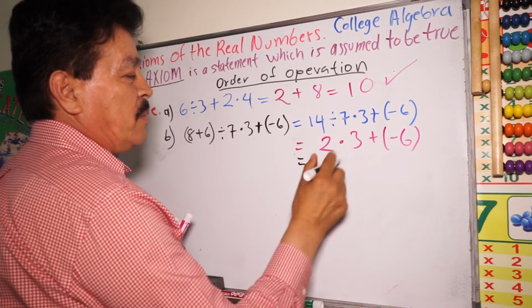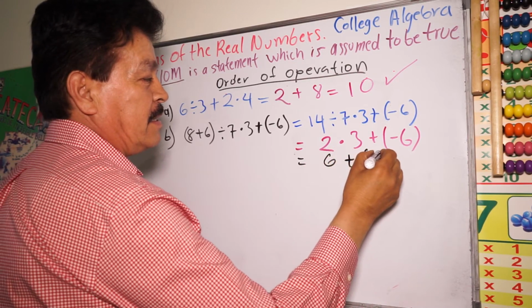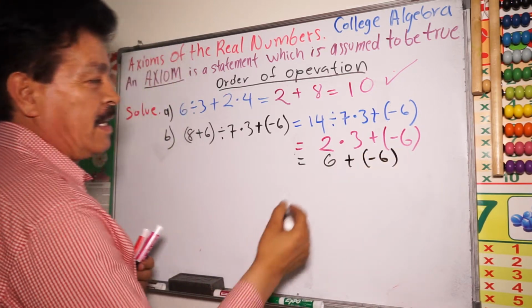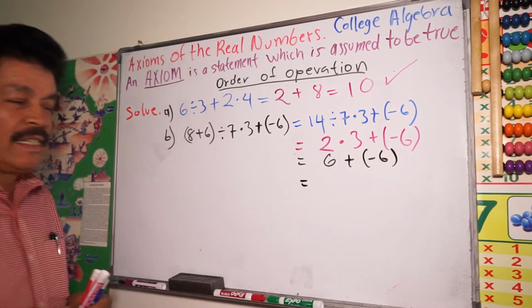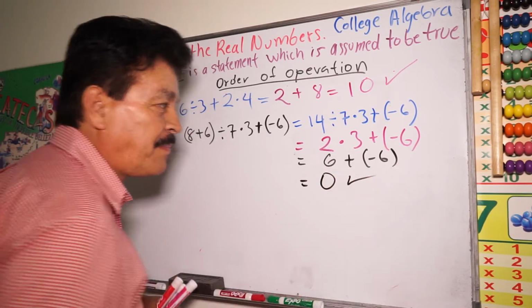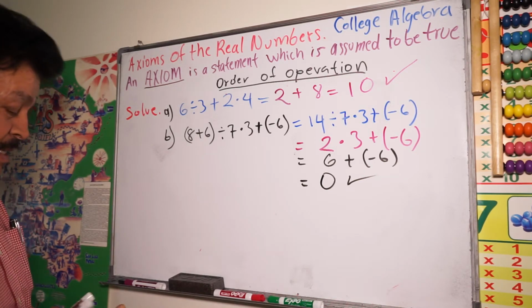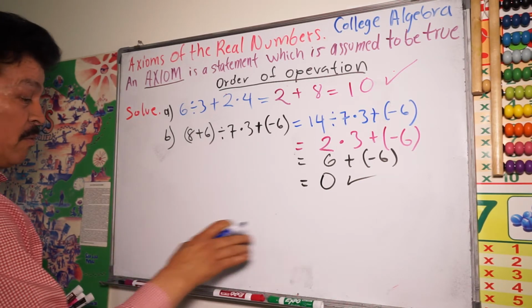Equals 6 plus negative 6. So 6 plus negative 6 is equal to 0. See that problem? All right, very important. Remember this kind of problem or operations.